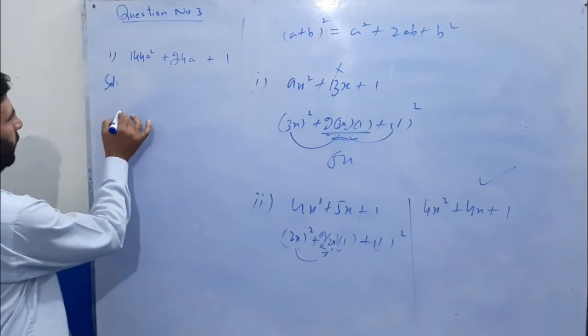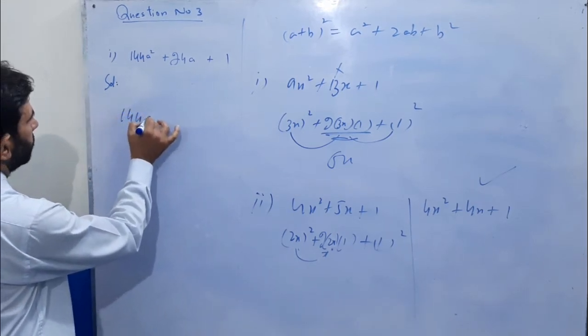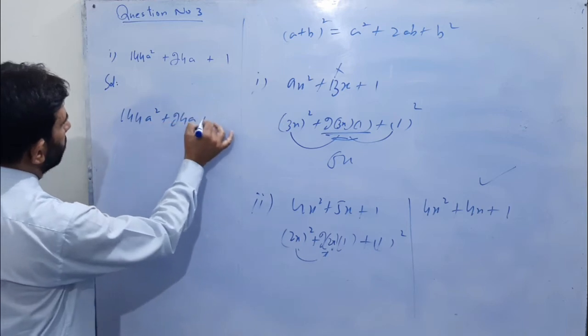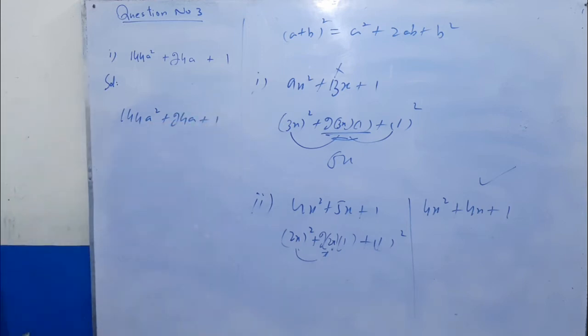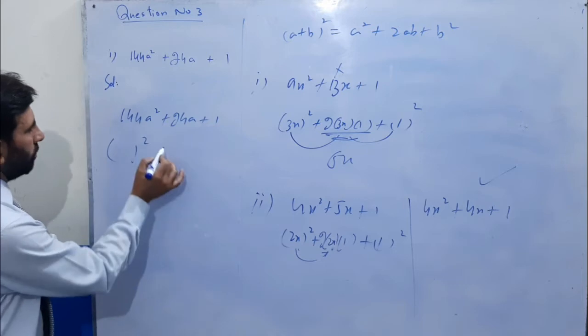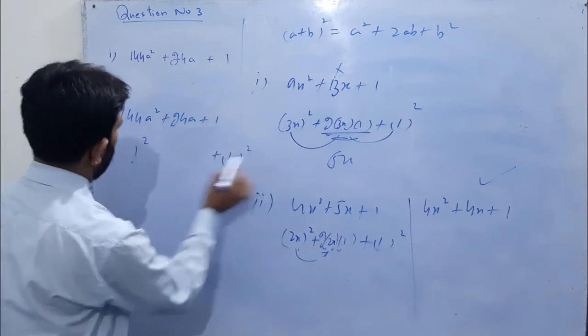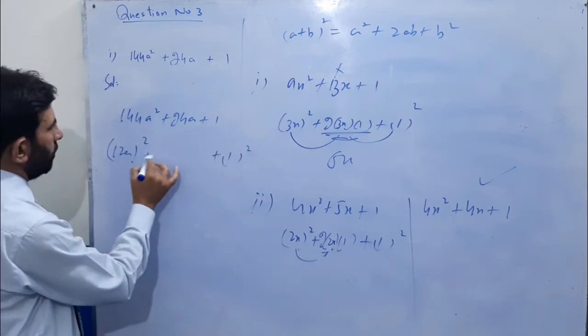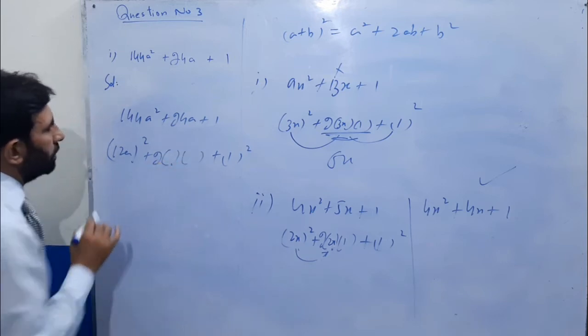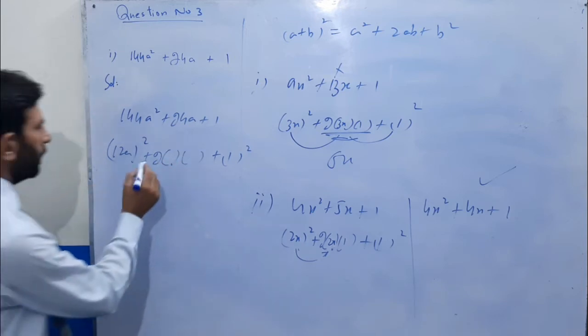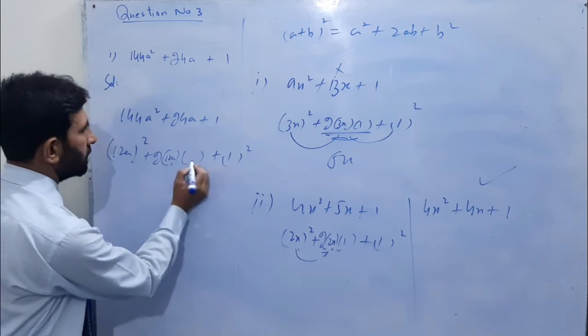Solution has been written over here. Write the question again and check. Check two perfect squares are given. And write 2 into first into second. The first element is 12a and the second is 1.